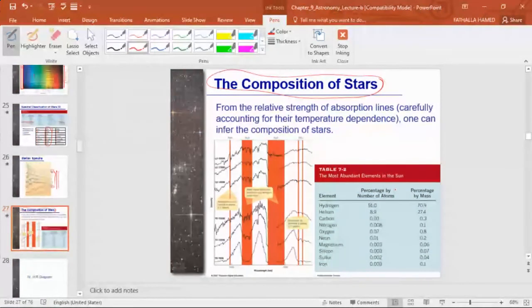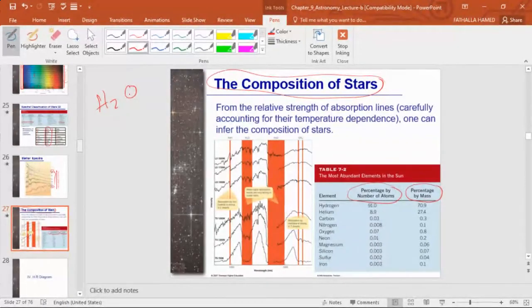Now, this is what we call atomically, or by the number of atoms, and this is by mass. So, for example, a molecule that is essential to our life is H2O. It has two hydrogen atoms and one oxygen atom.